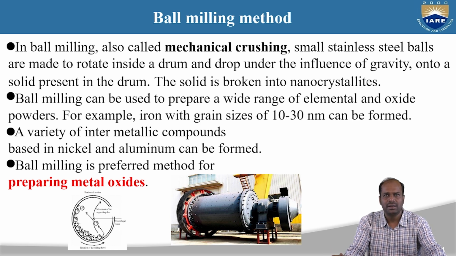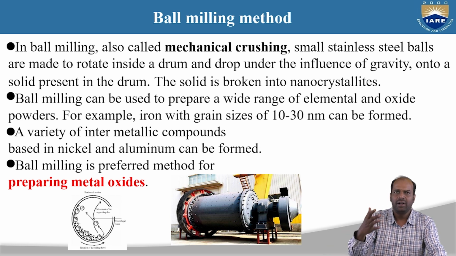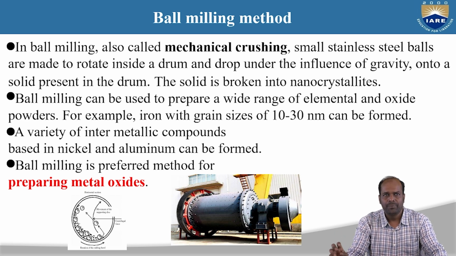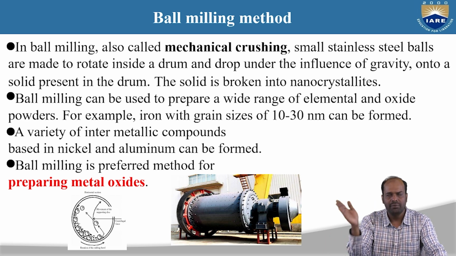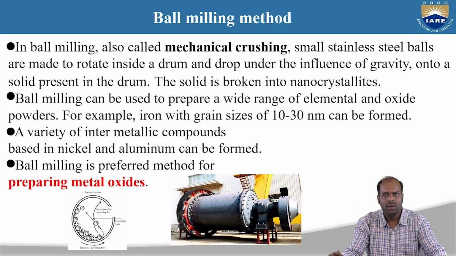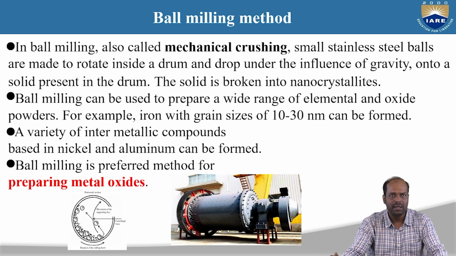The ball milling method can be used on a wide range of elementals, meaning different types of elements we can cut into smaller pieces to make nanoparticles, and also any kind of metal oxide we can cut into powder form. For example, iron with grain sizes of 10 to 30 nanometers can be formed by using the ball milling method.